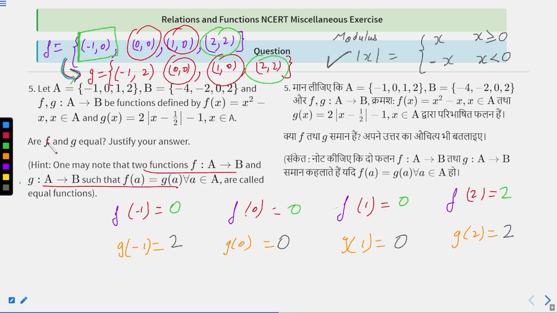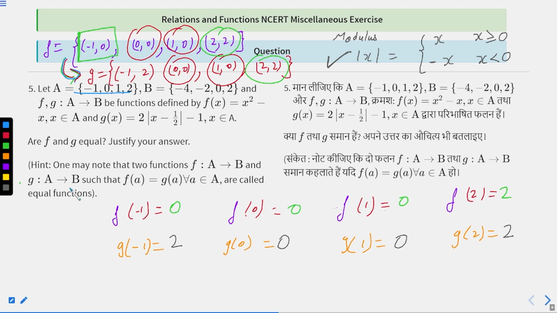So first of all, whenever you get two functions, first see that their domain must be the same and their codomain also must be the same, and then, if the relation given to you is small like this, the domain is just this set, and the output will also be a small set.